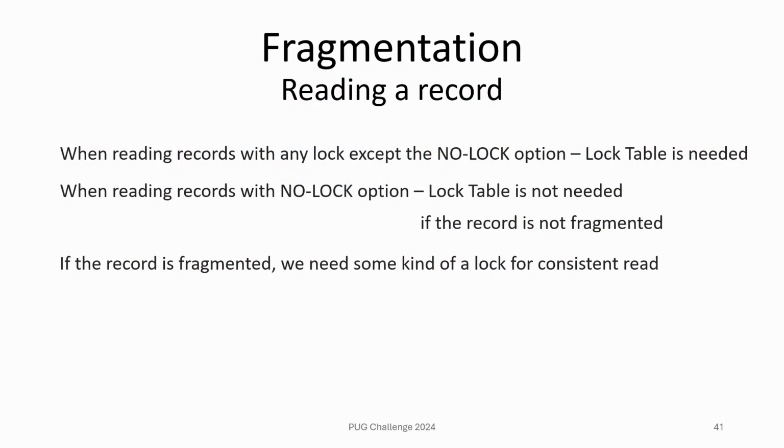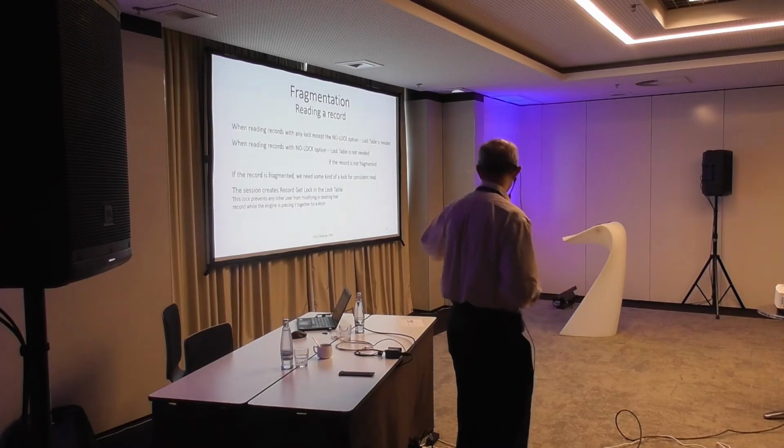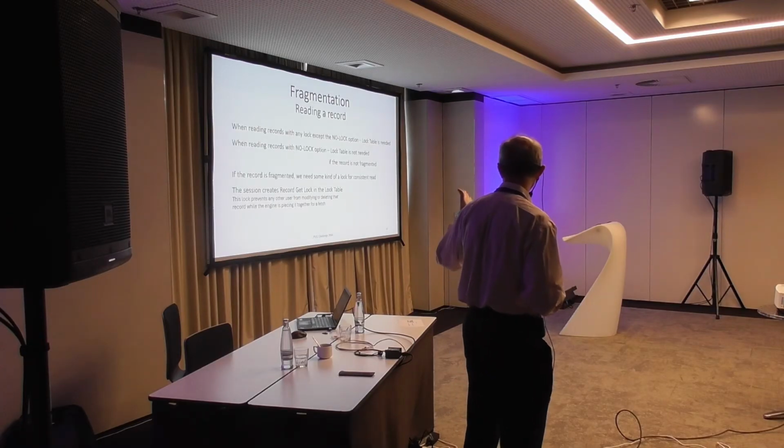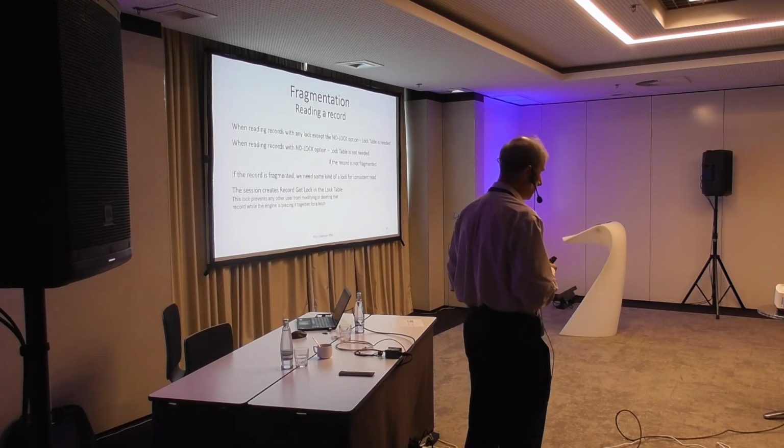It's only so if the record is not fragmented. If the record is fragmented, then we need a consistent read of all the fragments, and for that you need a record get lock, which is another entry in the lock table. So basically, it prevents any other user from modifying or deleting the data while you're still reading it.